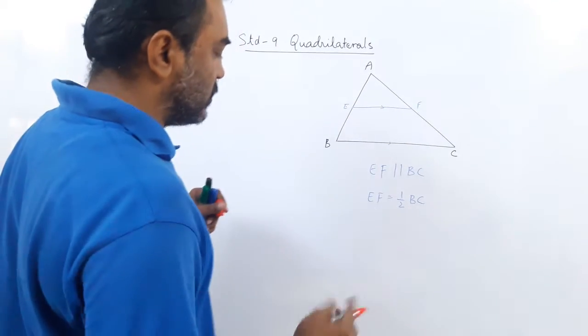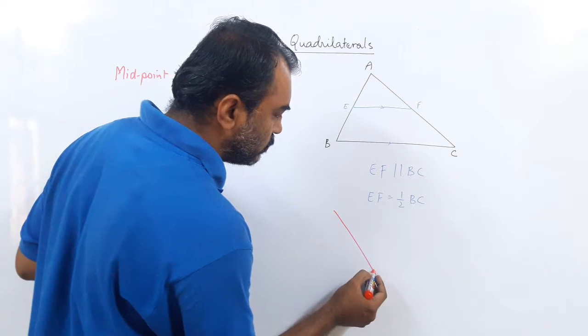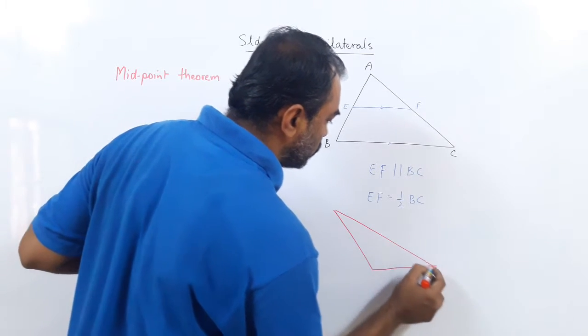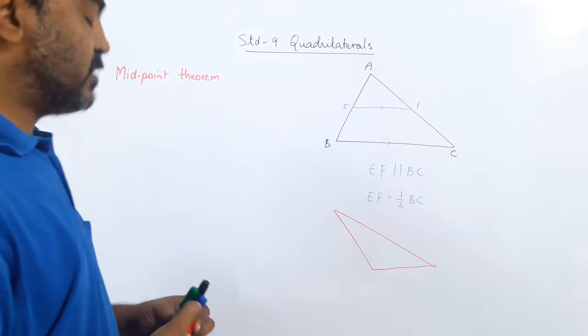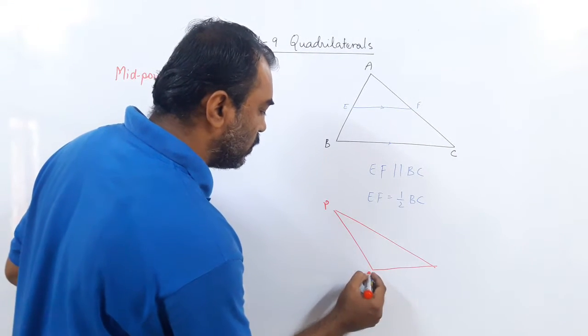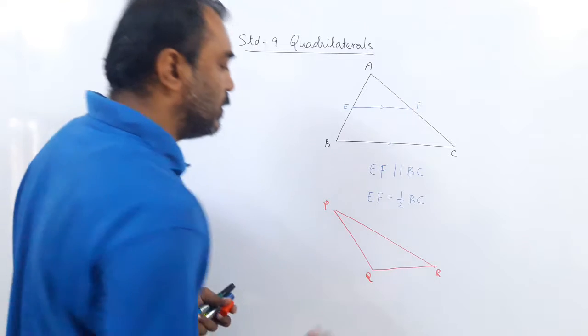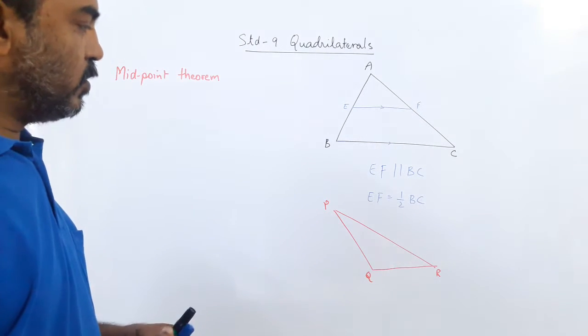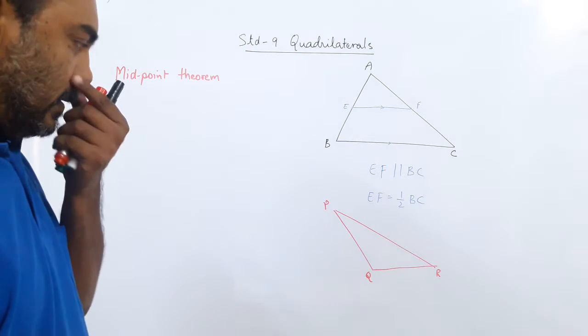Let us take a variation. Suppose I take this triangle. Let me call it PQR. Now to choose the midpoint of any two sides. Any two sides.